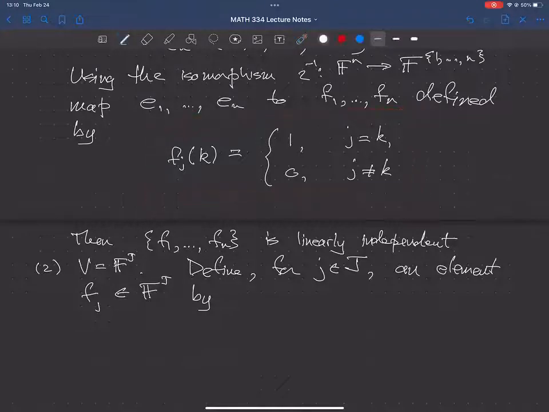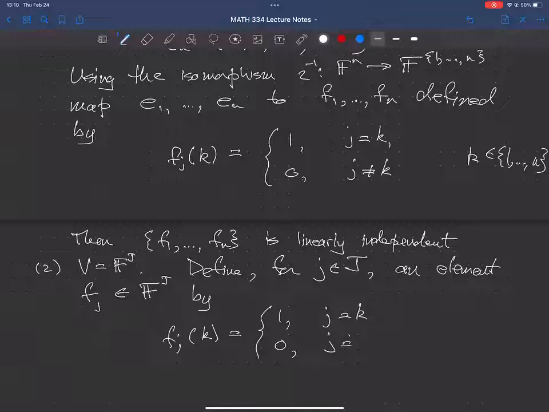So fj of k equals 1 for j equal to k, and 0 when j is not equal to k, and this is going to be true for every k in J, because here J is not the finite set, but some arbitrary set.